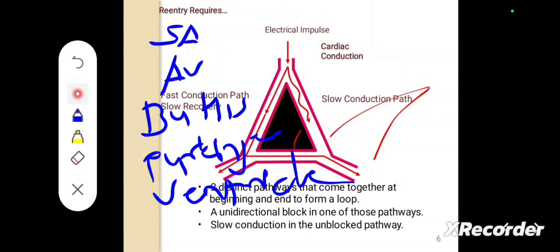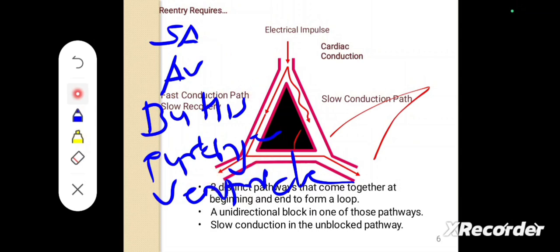In case of re-entry, what happens? Due to the development of a premature atrial impulse or due to a complete block of conduction, the impulse, after causing a ventricular contraction, travels back toward the atria, and that direction is the retrograde direction. The sequential direction is the antegrade direction, but after the contraction of the ventricles, the impulse travels toward the atria, and that direction is nothing but the retrograde direction.